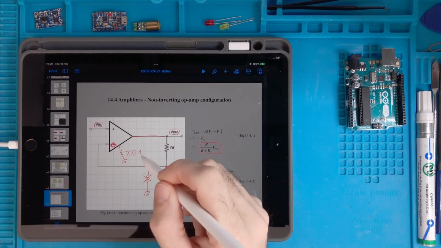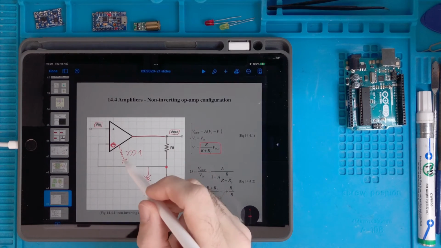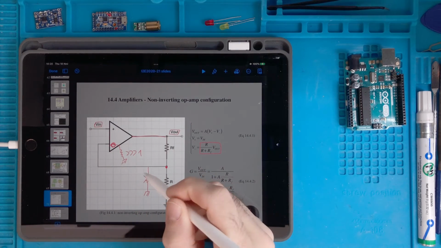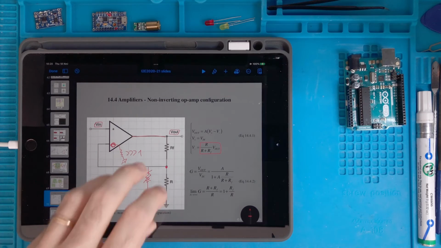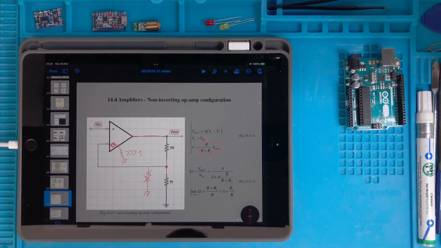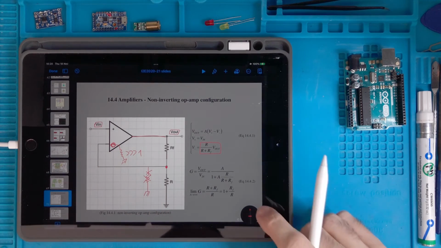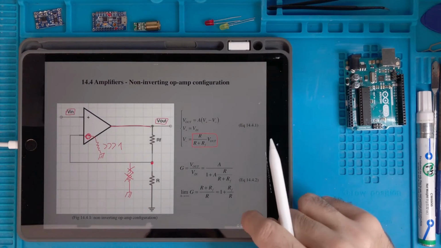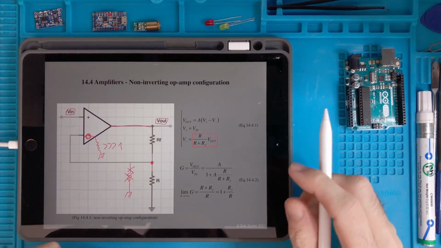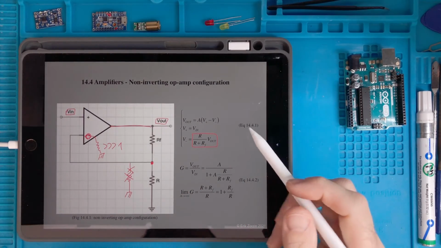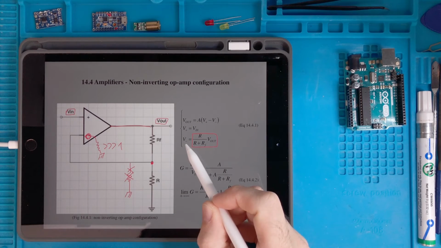You can say in simple words, if this resistance is very, very big, it means it's an open circuit. So it's another way to say that this thing is not present. Okay, so we compute V minus.